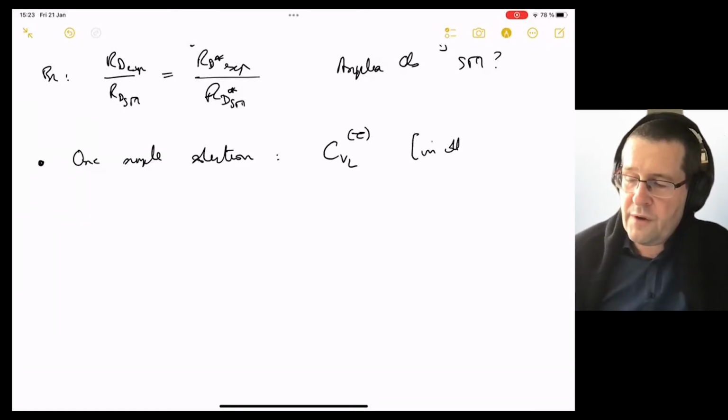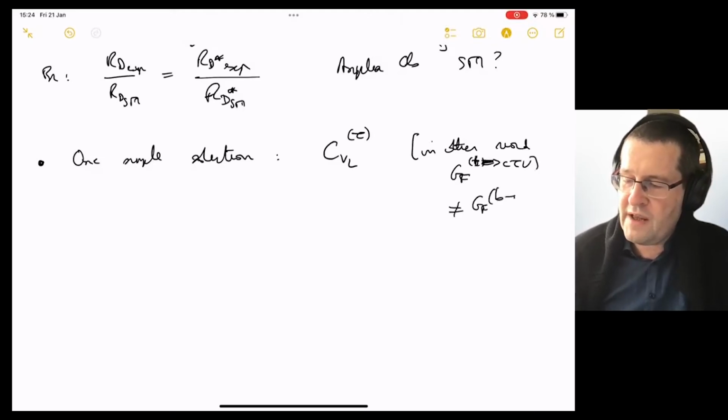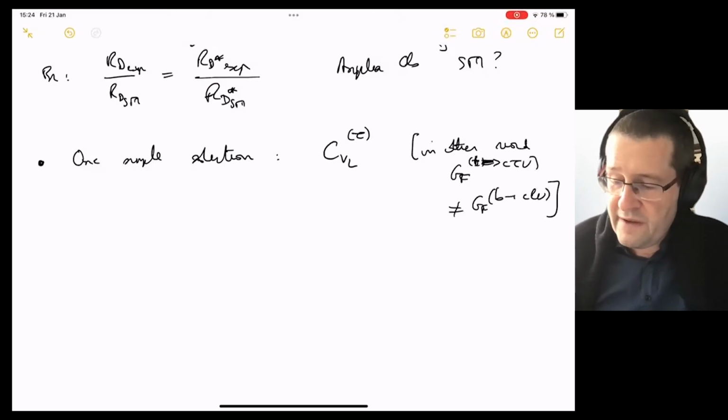In other words, the Fermi constant for B to C tau nu is different from GF for B to C l nu.